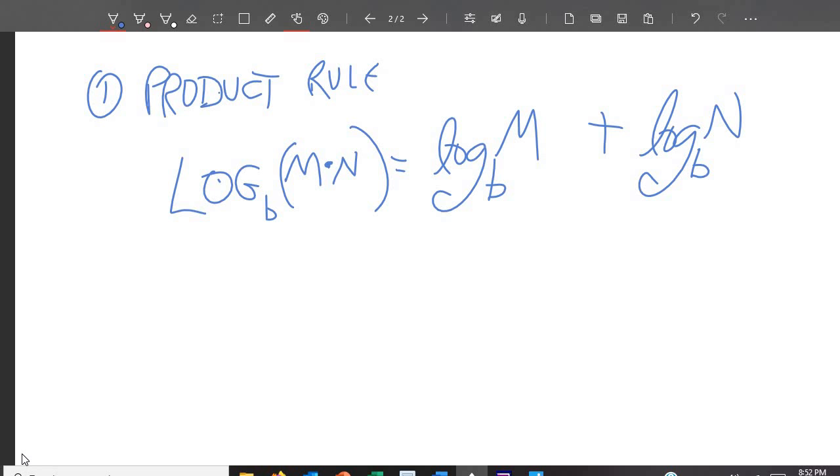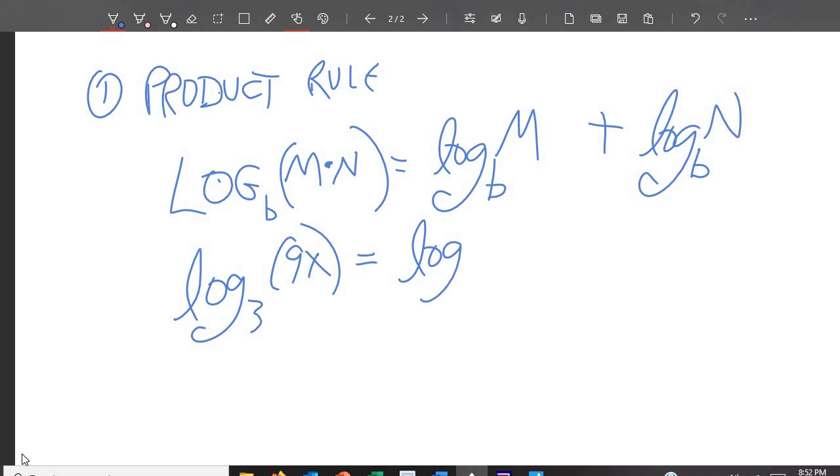Here's an example of what I mean. Suppose I had log base 3 of 9x. Now I can't simplify that as it's written, but we can use this product rule to break this apart and take the log of each piece separately. I get this. Since my base is a number and this is a number, we have to try to simplify that if we can.